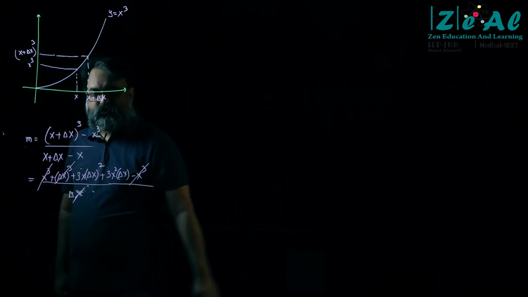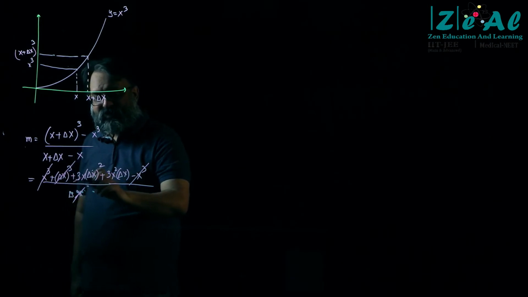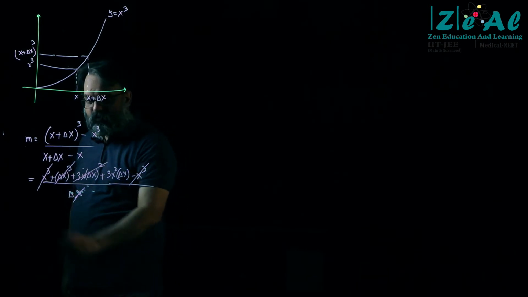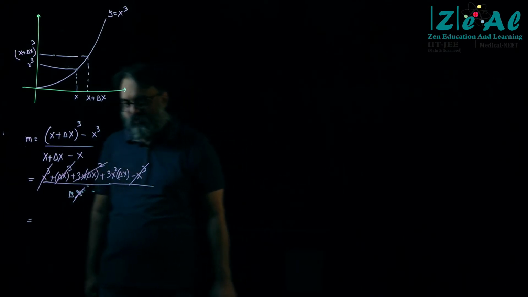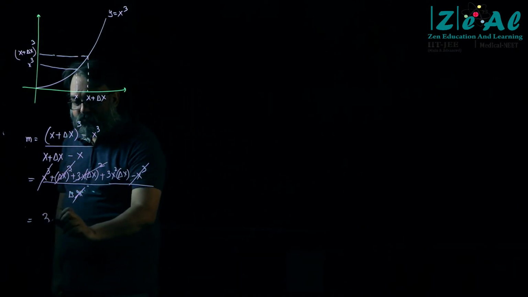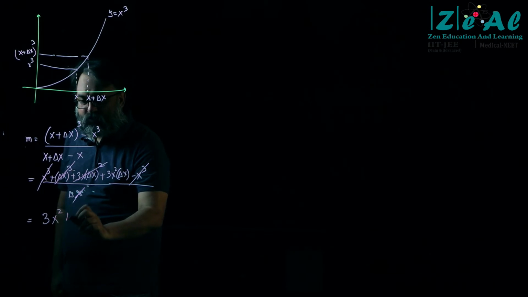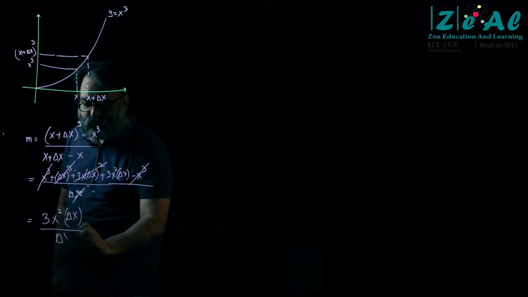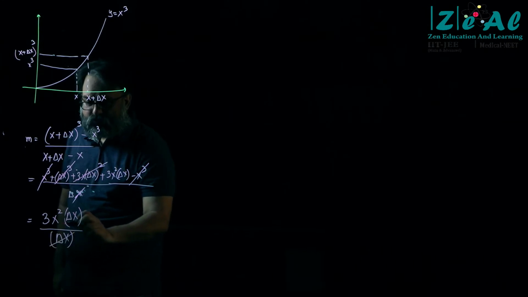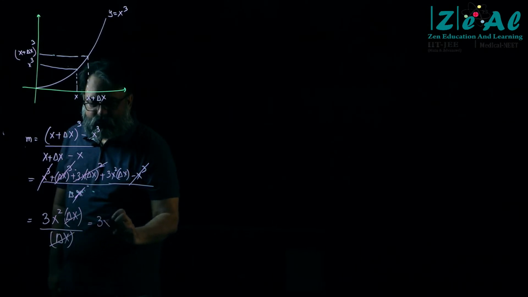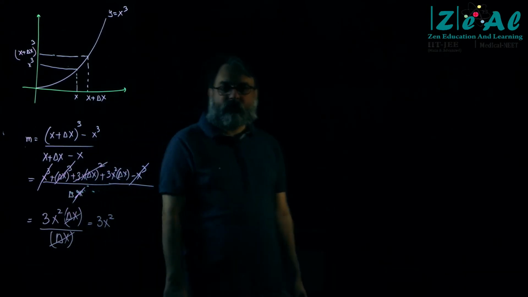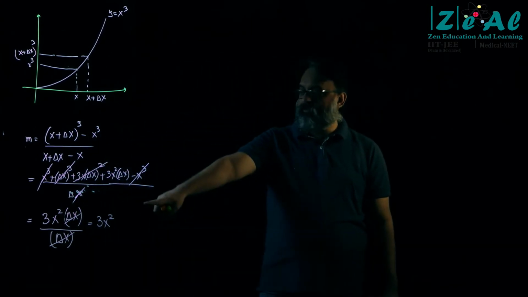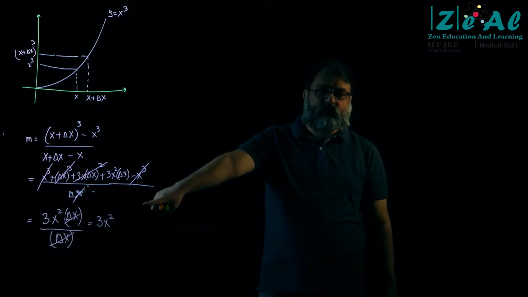Delta x cube goes to 0, and delta x square goes to 0. Remember that all higher powers of delta x are equal to 0. So I am left with 3x square delta x divided by delta x. Cancel this out and I get 3x square. This is the slope of the graph y is equal to x cube.